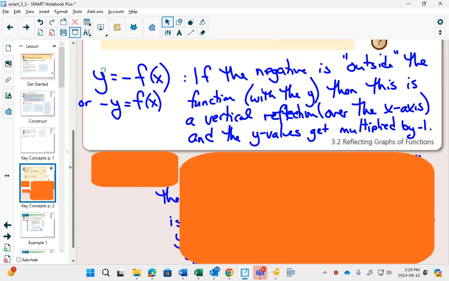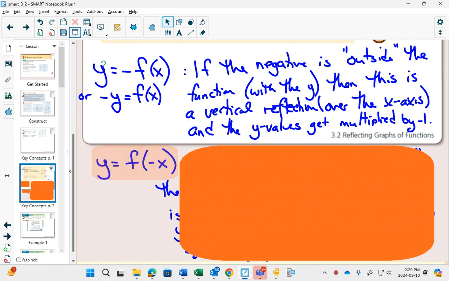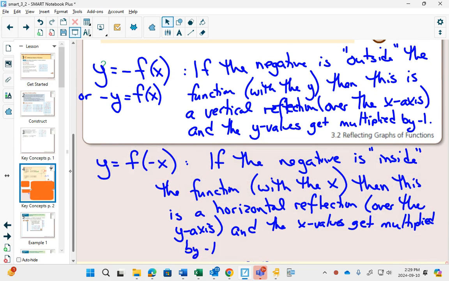So if we scroll down, we can write that as well. So again, anything inside the function will be horizontal. And this would be a horizontal reflection.